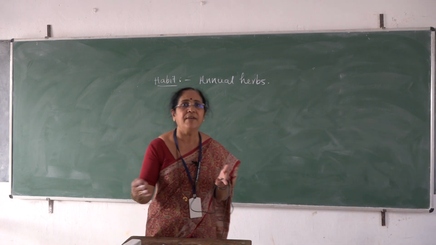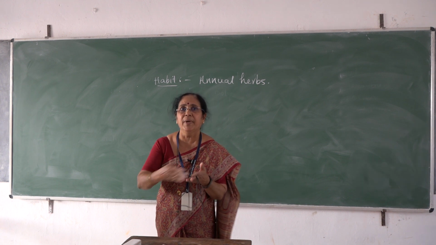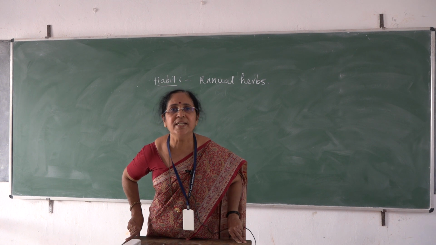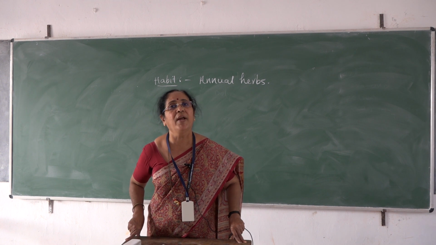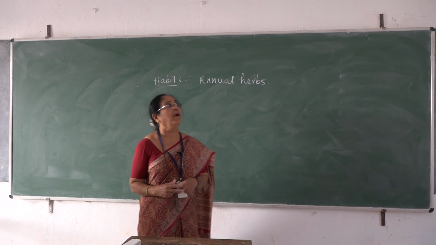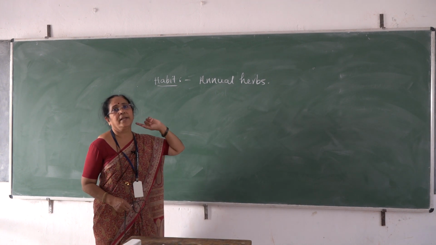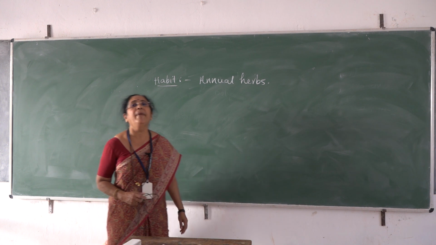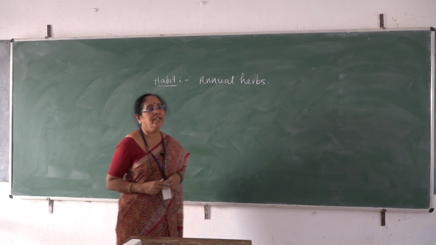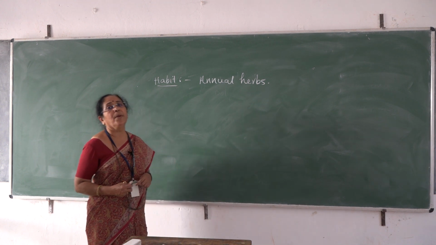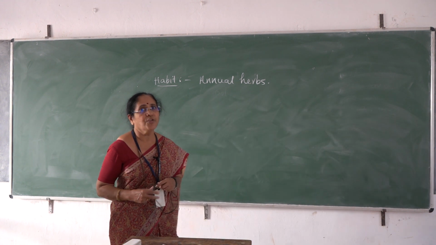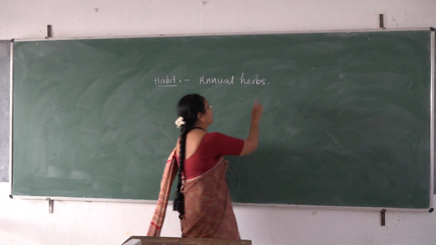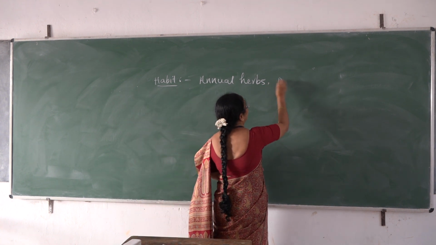It may complete its life cycle in 1 month, 2 months, 3 months, up to a maximum of 12 months. So if the plant completes its life cycle in 12 months or in 1 year, such plants are to be called annual plants. So most of the plants which belong to family Brassicaceae are herbaceous in nature because they are tiny plants, and they complete their life cycle within 1 year, so they are annual herbs. Very rarely, some plants may be perennials.